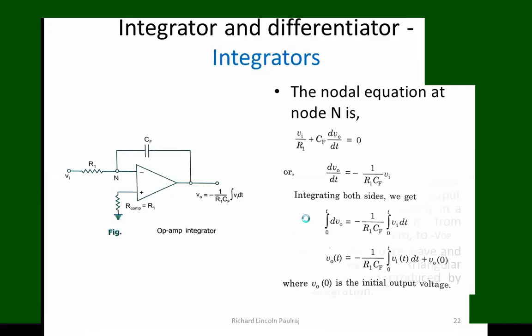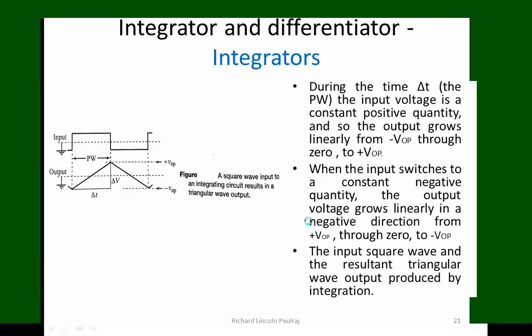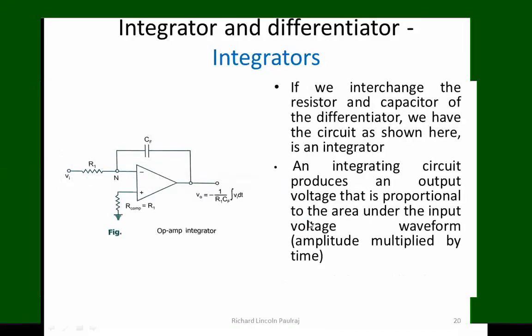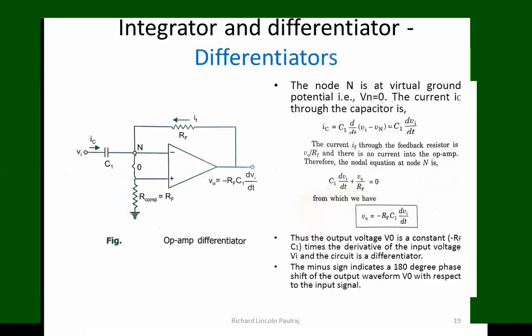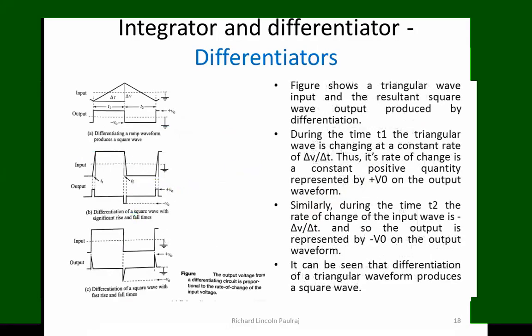I hope, students, you have understood these concepts with respect to integrators and differentiators, what kind of output waveforms you're going to see, what the circuits are, and what the time constant is. When is it minus RF by C1, and when is it minus 1 divided by RF by C1? What is the output voltage?